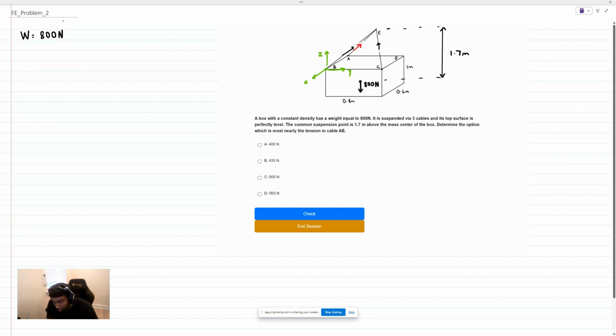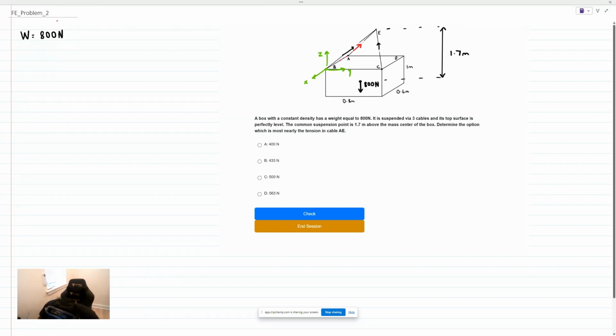Why would I want to place my coordinate system there? It's because if I took a moment about the y-axis, I know that the force at B won't produce a moment, the force at C won't produce a moment, only the force at A will produce a moment, and not even the entire force will produce a moment, just certain components of it.